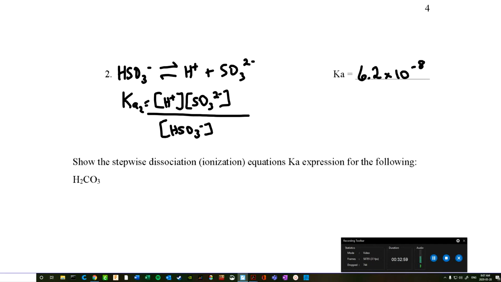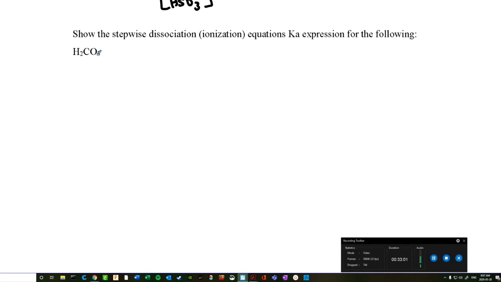Okay, so let's do one more just so you can see. So here's another polyprotic acid because there's 2 hydrogen ions. So we just show it in steps. Step 1 would be the H2CO3. It's just going to get rid of 1 hydrogen at a time. That would leave HCO3. And if you check your chart, that's got a negative charge.